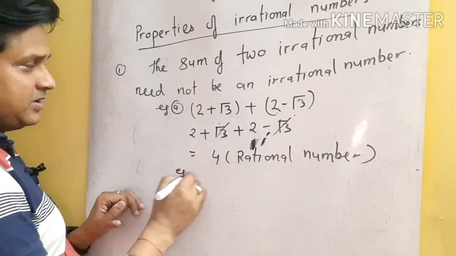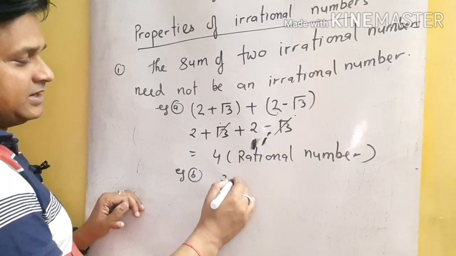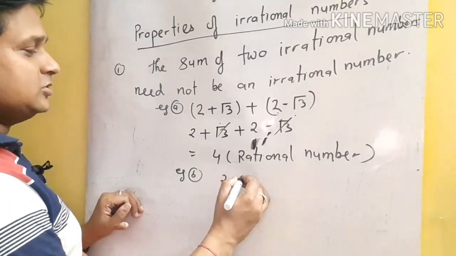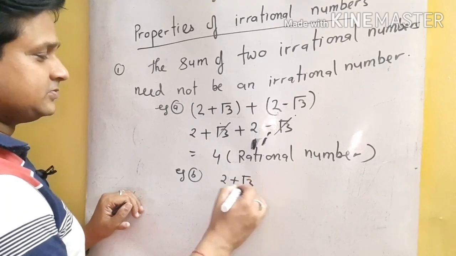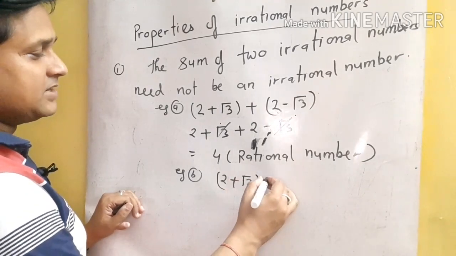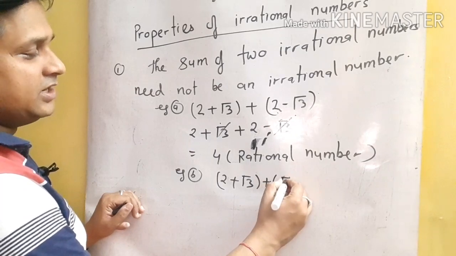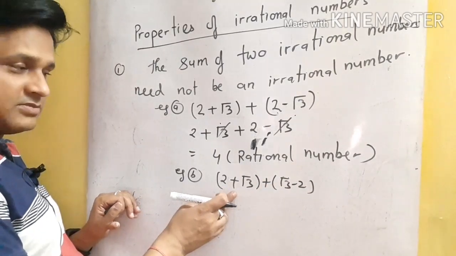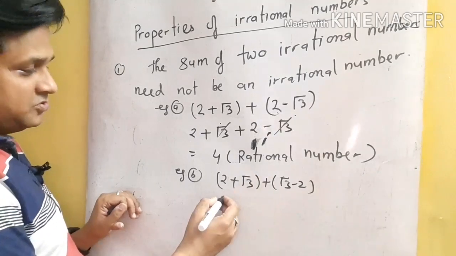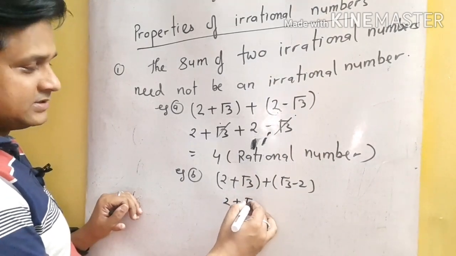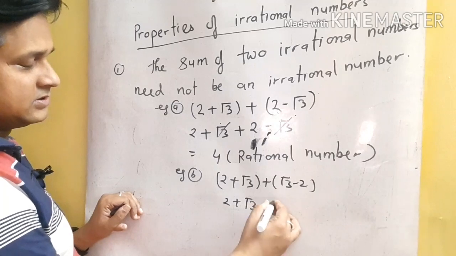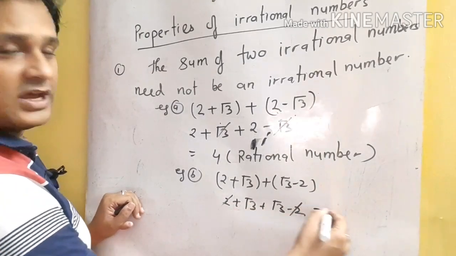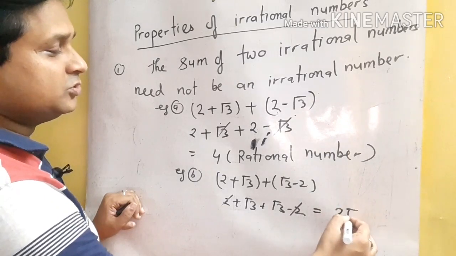Now example B. In example A it was a rational number. Now I will take one that will be irrational, like 2 plus root 3 plus root 3 minus 2. See, this is also an irrational number, this is also an irrational number. So when you open the bracket, this 2 will be cancelled. So we will have 2 root 3.